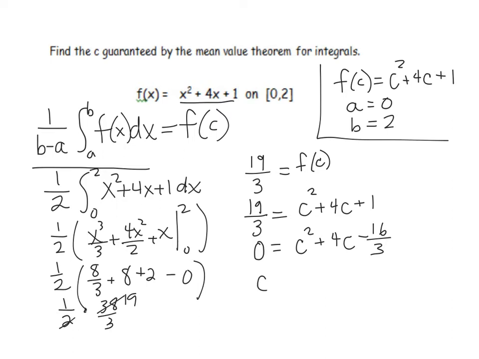And one of the zeros that I found for c that was in the interval from 0 to 2, don't forget your interval, was 1.055. And it goes on from there, but I'm going to round it to 3 digits. And so that's the value of c that provides the average value and is guaranteed by the mean value theorem.